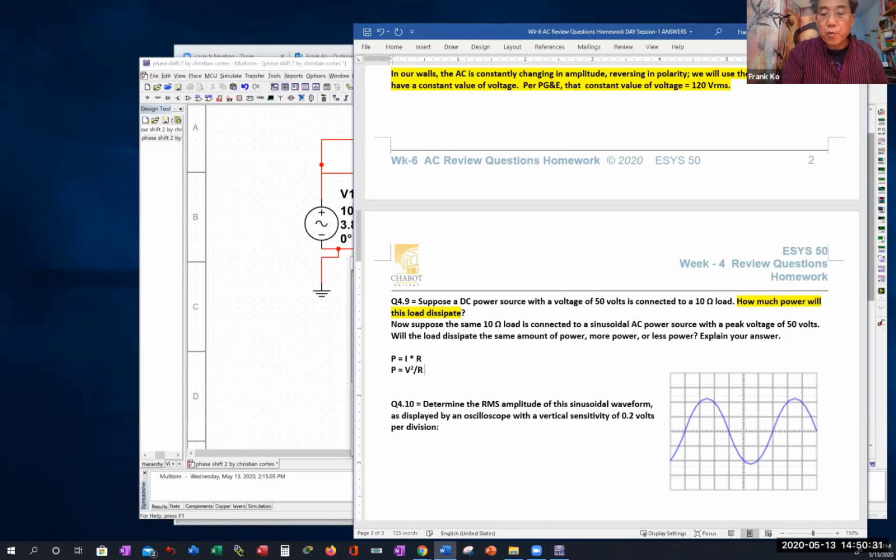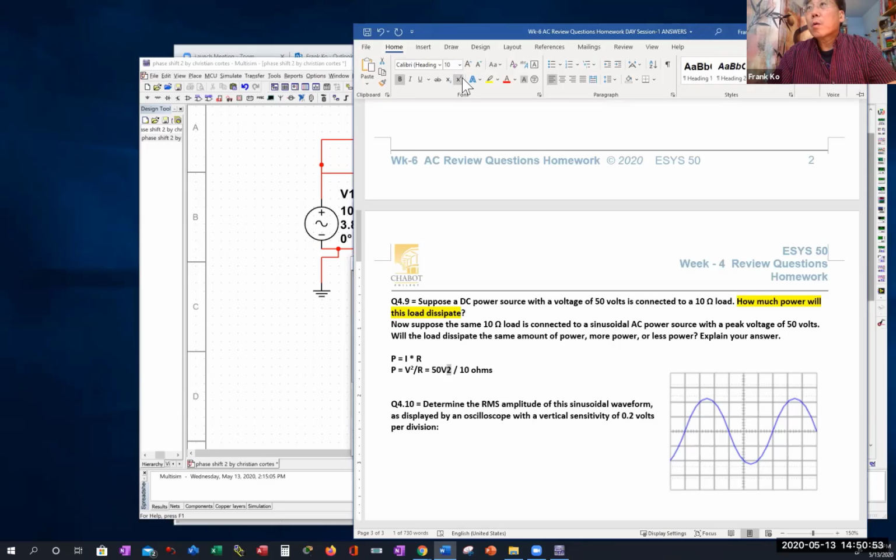What you're going to do is use this formula here, and you're going to take 50 V and square it, and then divide this by 10 ohms.